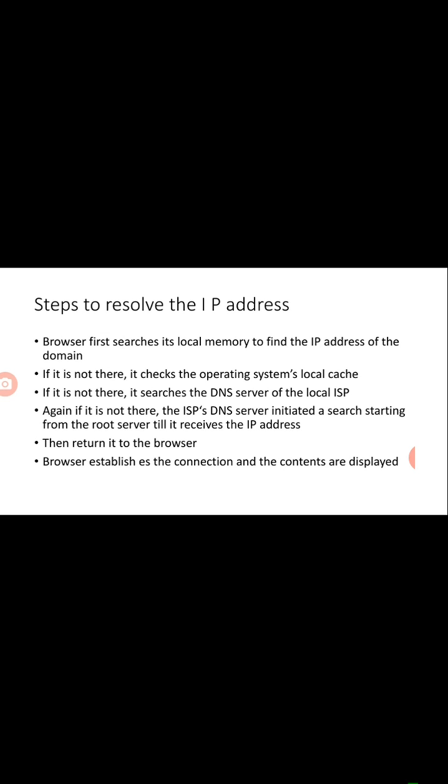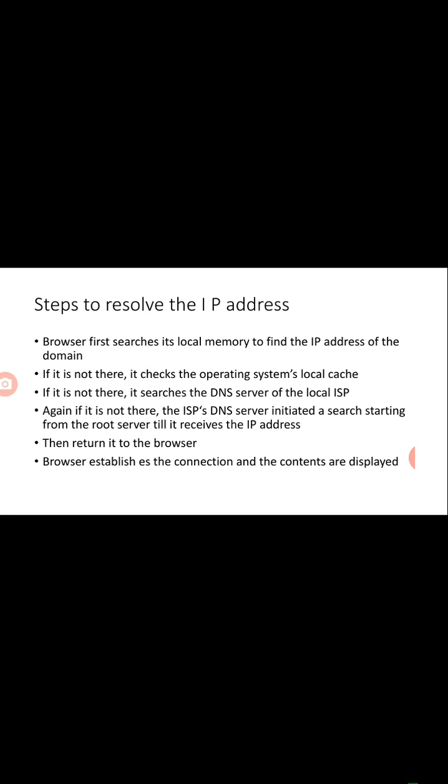It is a 3-mark question. The steps are: the browser first searches its local memory to find the IP address of the domain. If it is not there, it checks the operating system's local cache. If it is not there, it searches the DNS server of the local internet service provider.